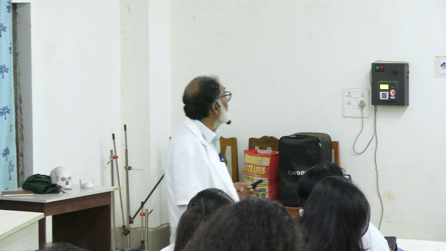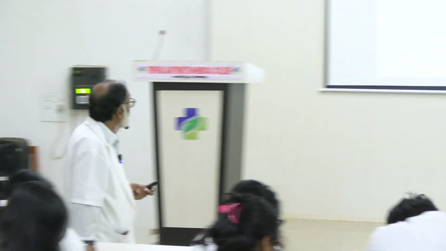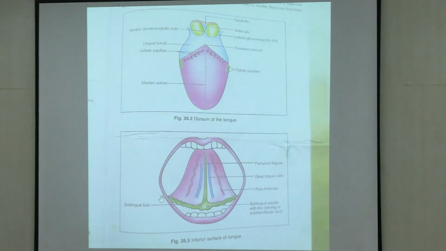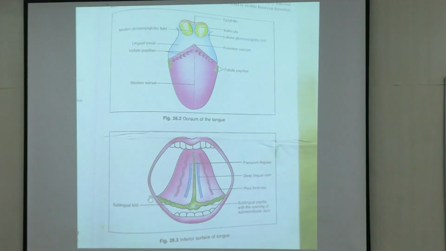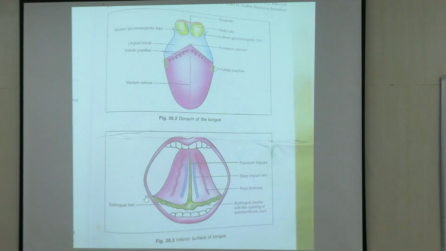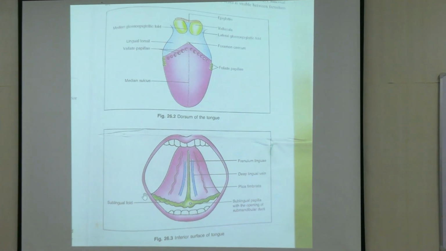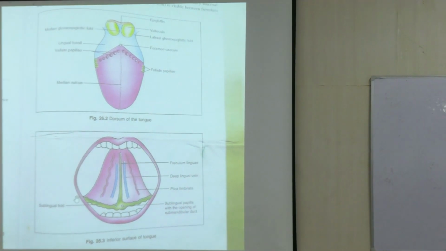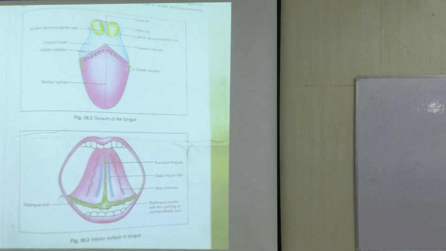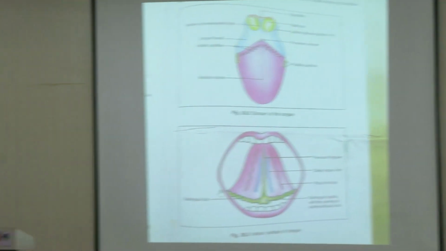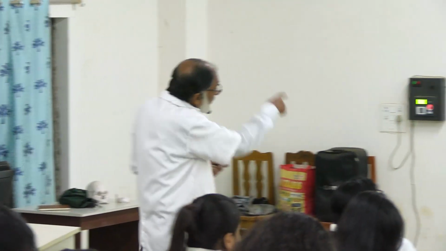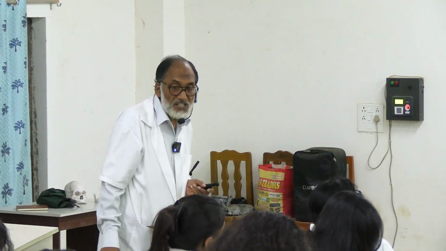In between plica fimbriata and frenulum linguae, there is a vein, the deep lingual vein. So these are the features of the inferior surface of the tongue, right? Here you see two openings of the sublingual salivary gland at the lower end of this frenulum linguae. This circular opening is the opening of the sublingual salivary gland.